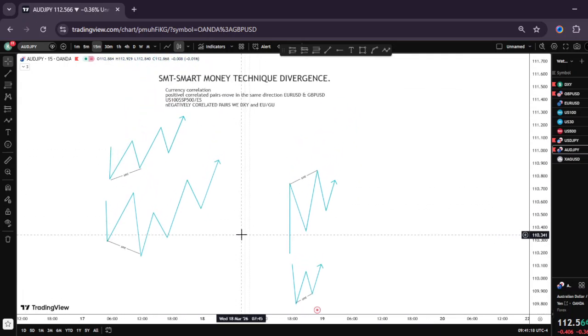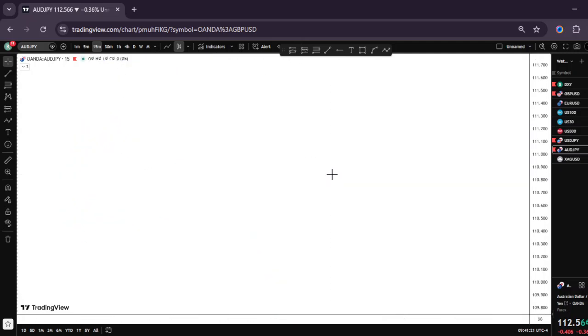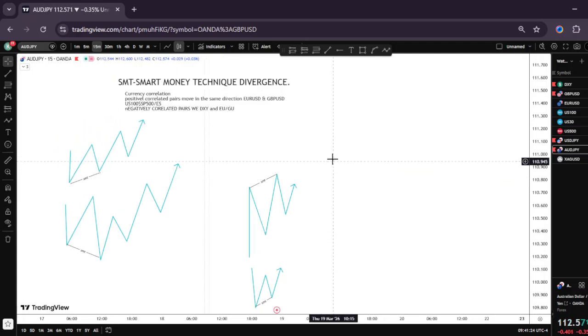Yeah, so this is important. The importance of this is because it helps us to confirm that we are reversing.